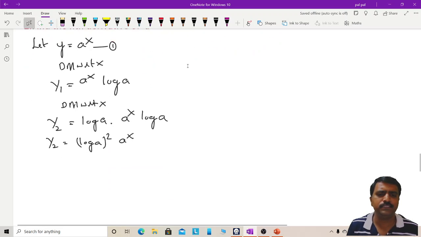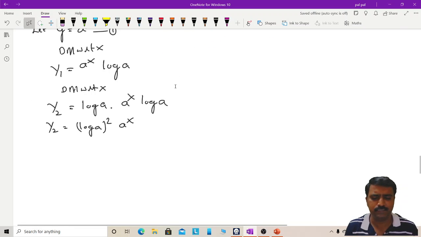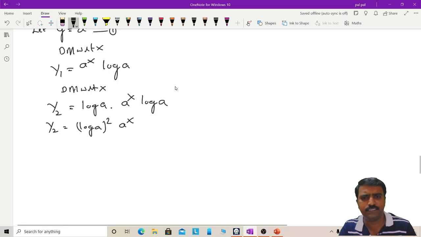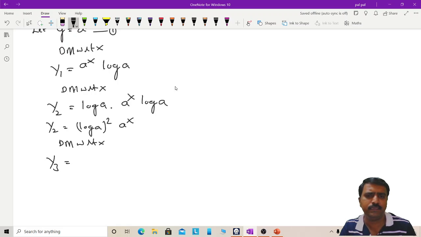You can differentiate this again with respect to x. Differentiate y2 with respect to x. Differentiation of y2 gives y3. So log a whole square is a constant. Differentiation of a to the x is a to the x into log a.